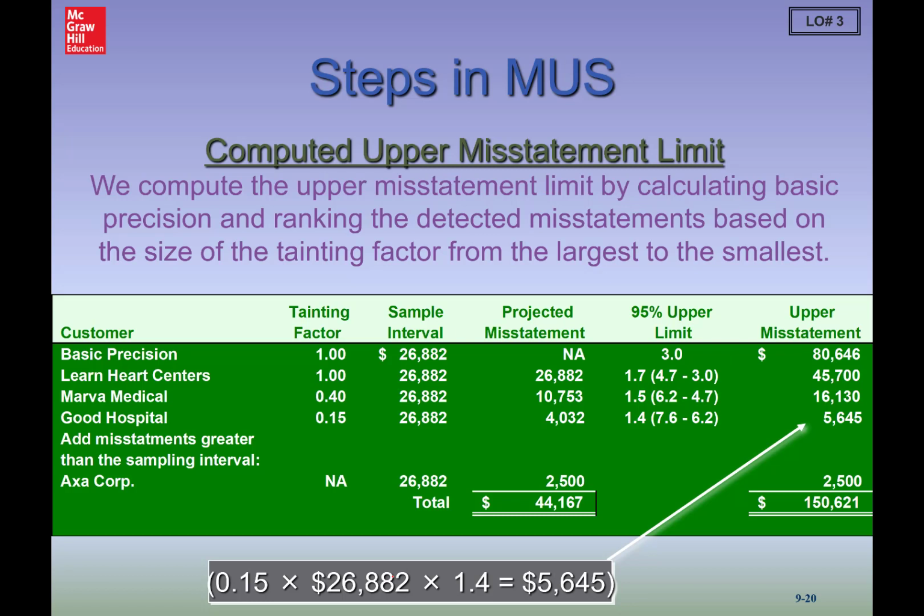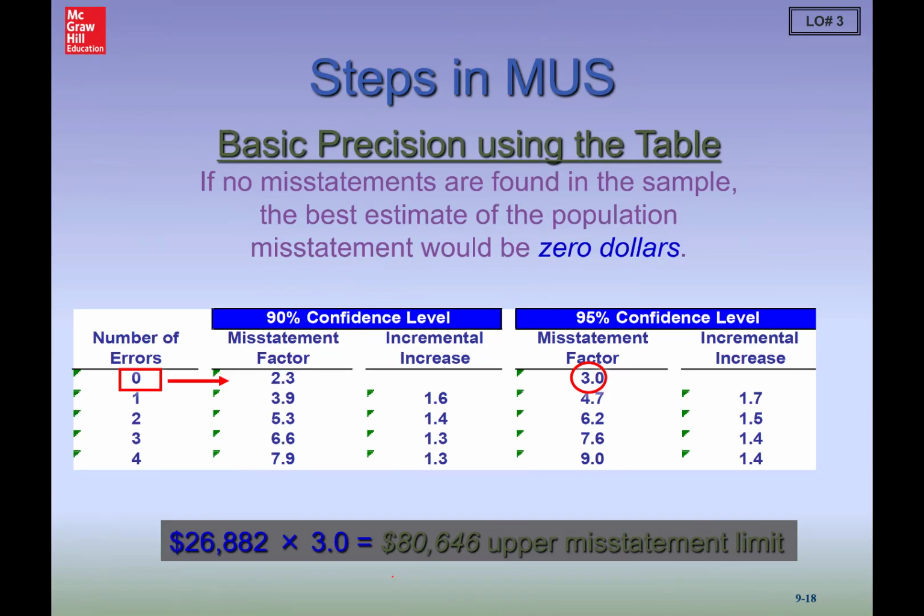Then for the Marva Medical, we use 0.4 as our next largest tainting, and we come up with the incremental increase for our upper misstatement limit at 1.5. That's the difference from this table over here.